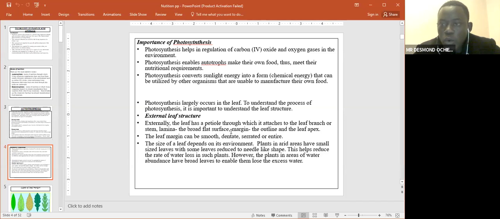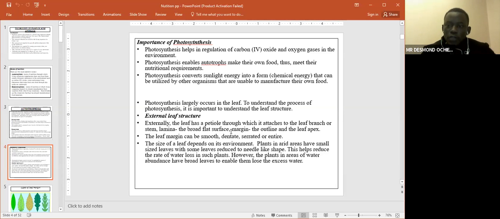And so we will start by looking at the importance of photosynthesis and some of the parts of the plants where photosynthesis takes place. Then from there, we will be able to look at the various parts of the leaf and how the leaf is adapted to carry out the function of photosynthesis. And then we will proceed and look at the process of photosynthesis in detail. So let us start by looking at the importance of photosynthesis.